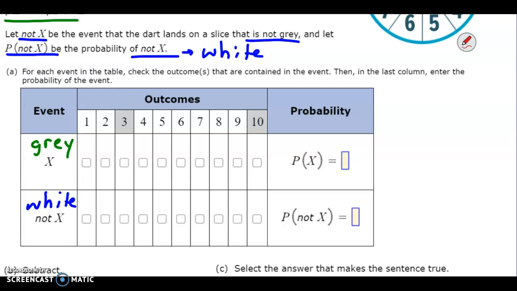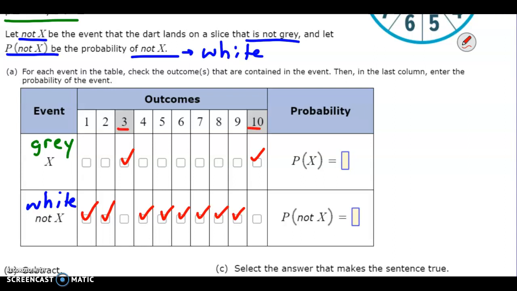So they did this a little goofy, but 1 and 2 are both white, so that went not X. 3 went gray. 4 through 9 went not gray, or white, and then 10 went gray. You can see here that those are gray numbers.